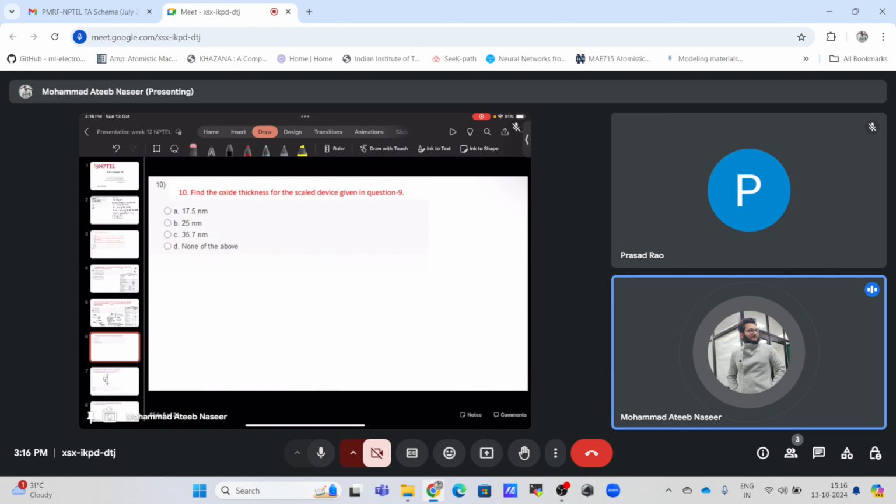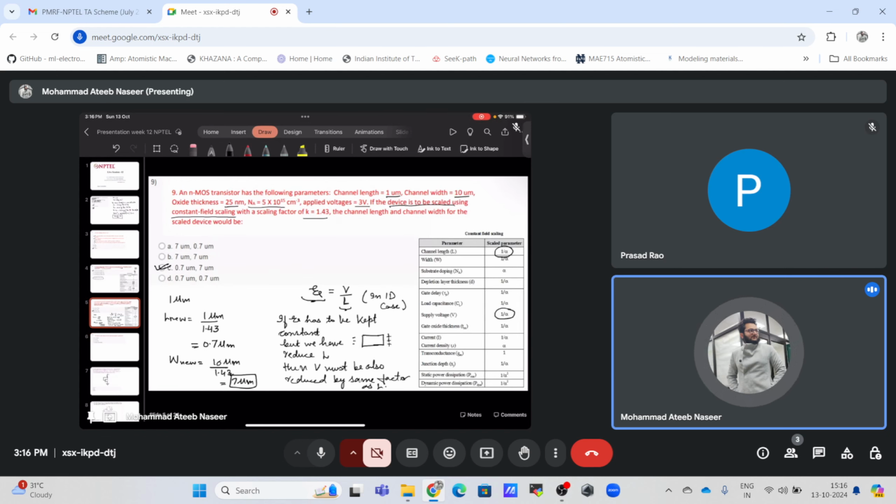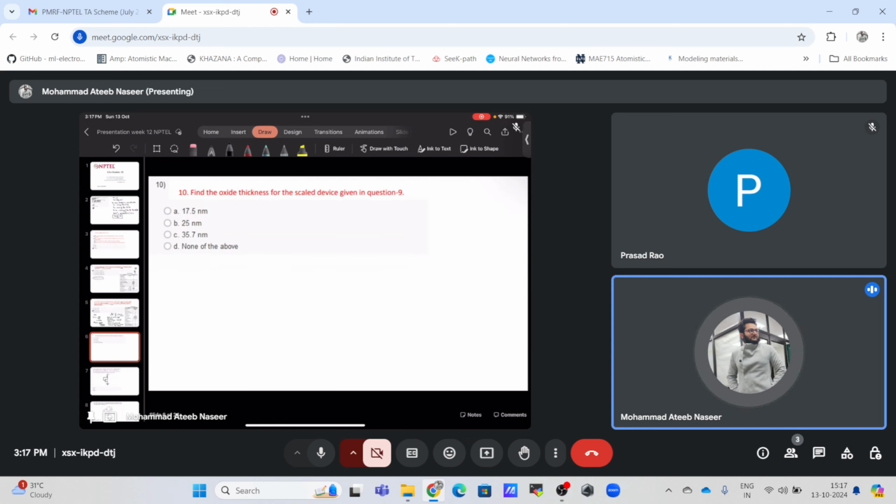Similarly for the TOX, what happens? TOX will also be reduced by the same factor. The TOX in this case was 25 nanometer, so it will go to 25 divided by 1.43, which is approximately 17.5 nanometer.